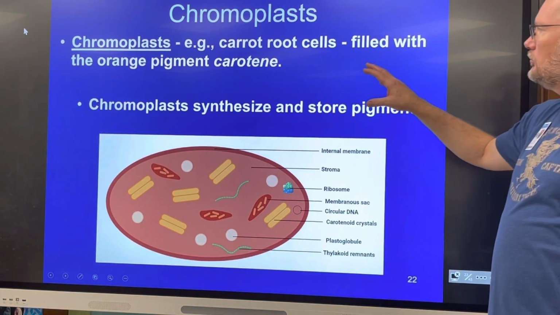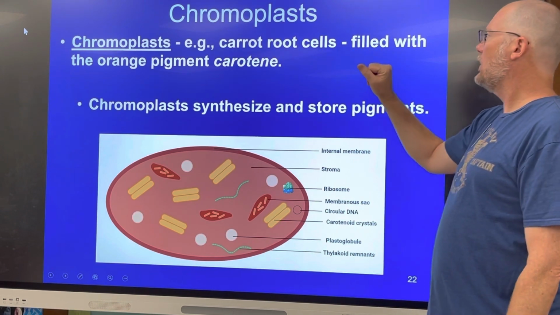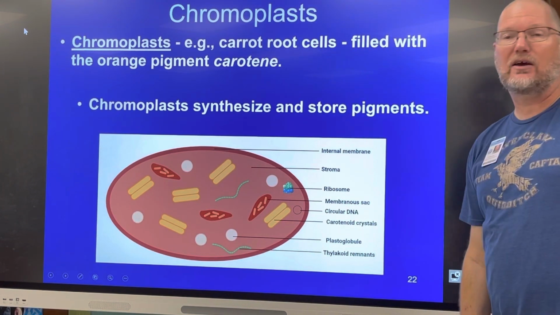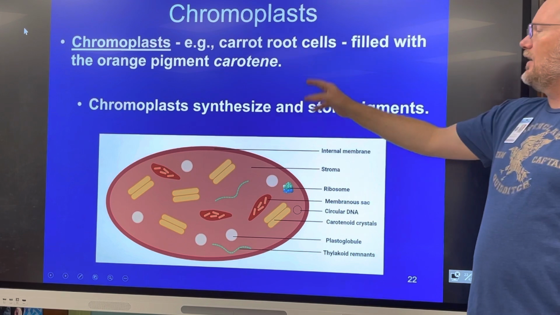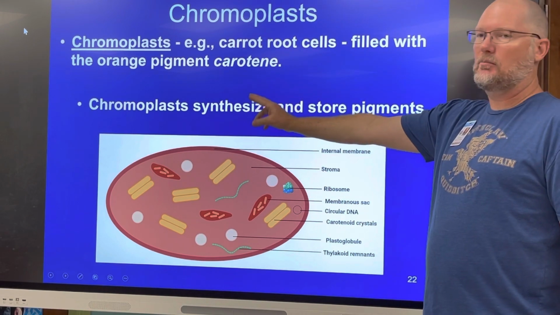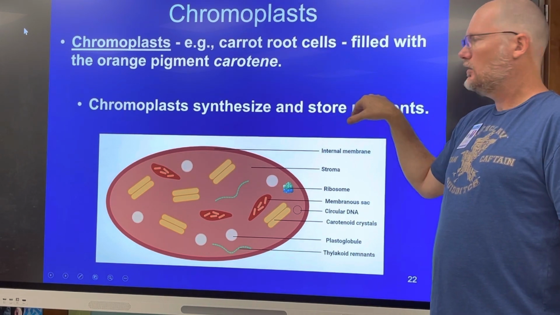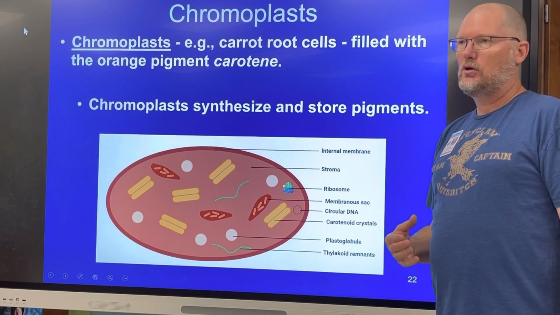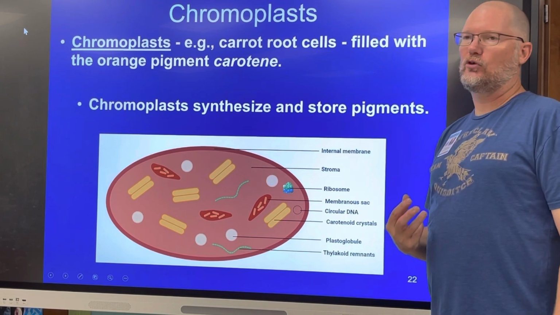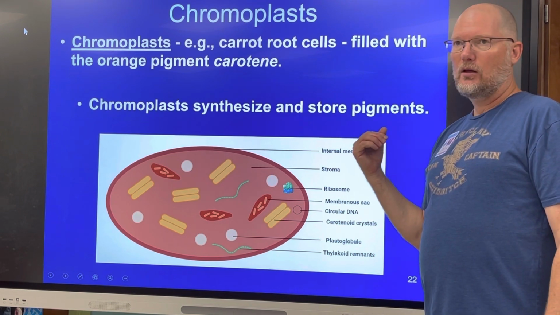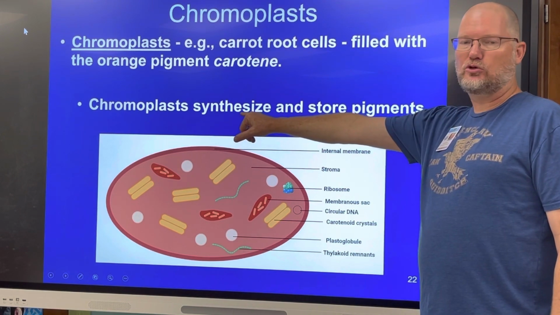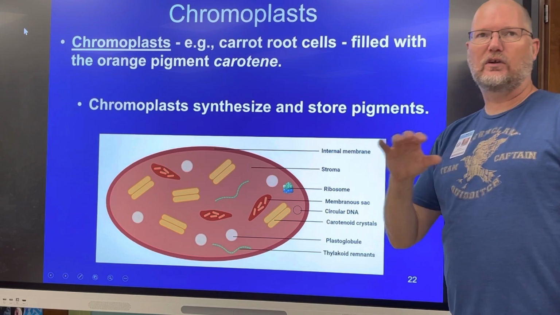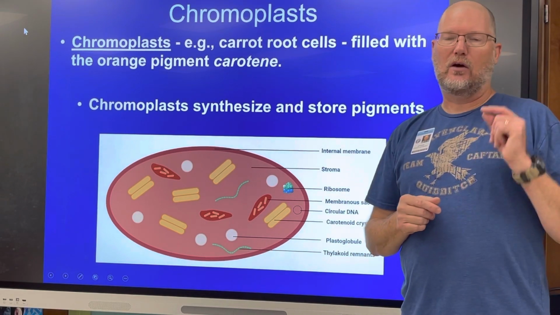Chromoplasts, for example in carrot root cells, are filled with orange pigment called carotene. And again, they make pigments and they store pigments, colors. The colors help to capture solar energy, different wavelengths of solar energy.